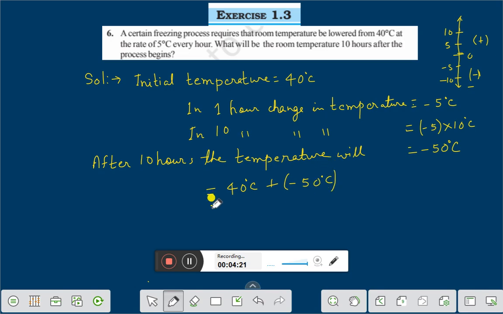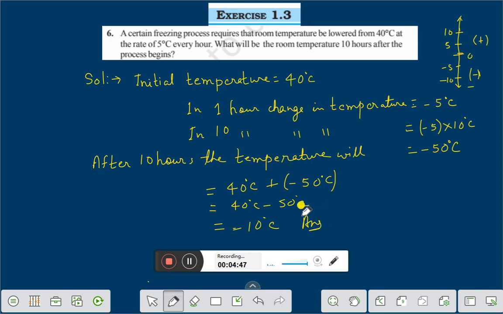Now here you see that is 40 degree centigrade plus into minus is minus 50 degree centigrade. That is equal to 40 minus 50, that is equal to minus 10 degree centigrade. This is the answer.